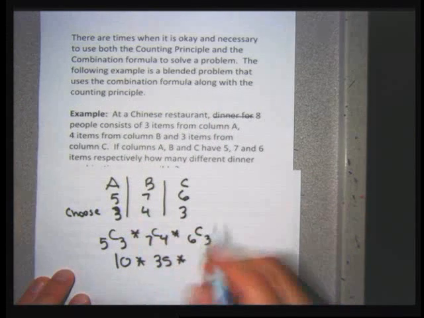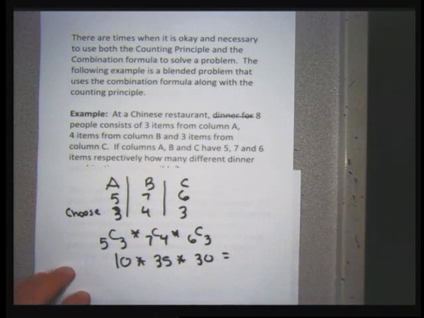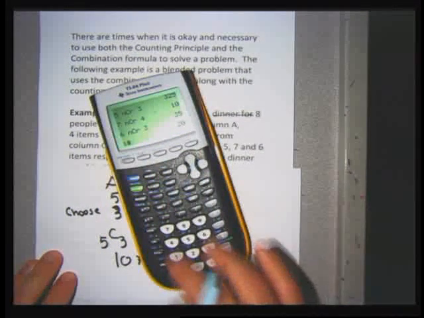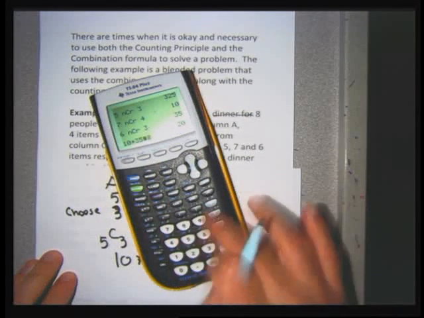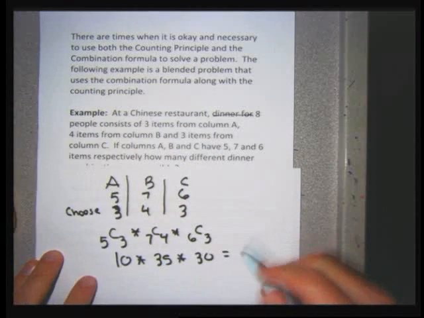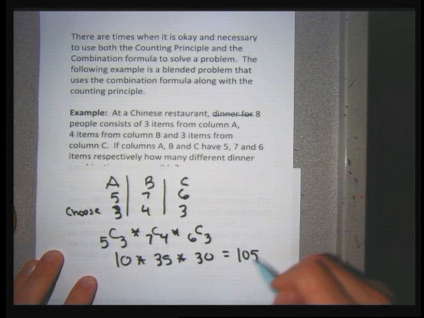So the number of different dinners having 3 items from A, 4 from B, and 3 from C are going to be 10 times 35 times 30, which is 10,500 different dinner combinations that are possible.